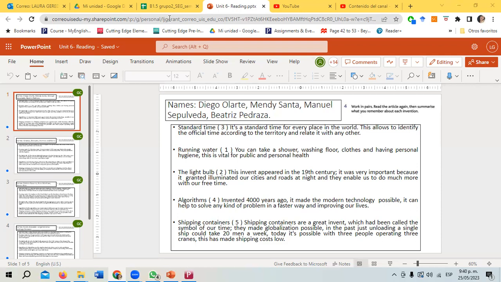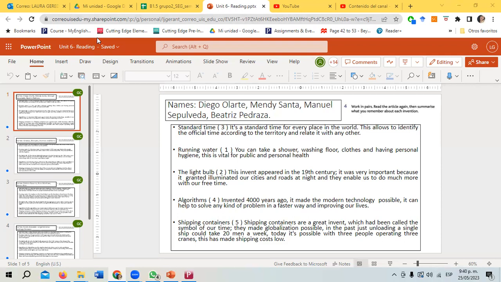Number 4 is algorithm. It also made modern technology possible. We think that public services like running water and the light bulb, and organization like standard time, are more important than it.